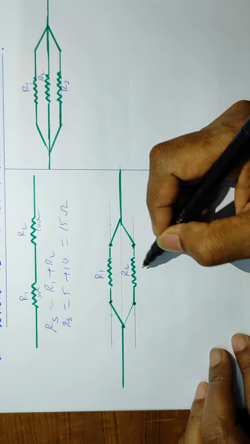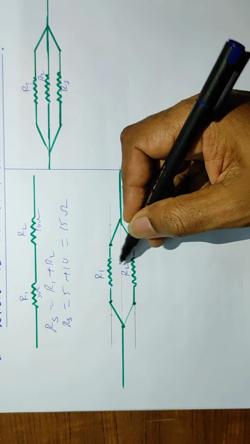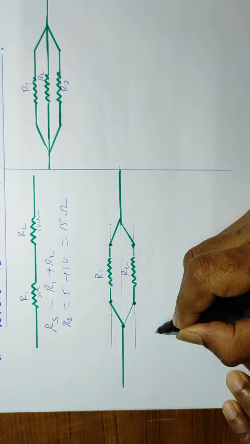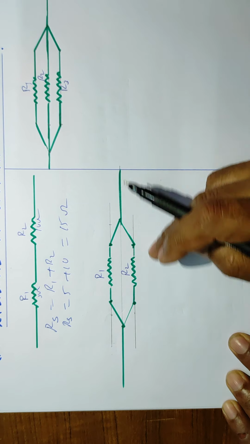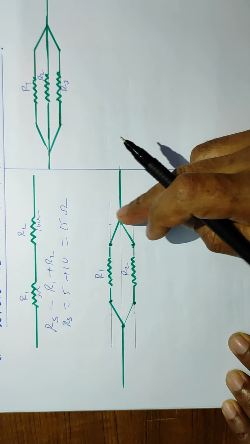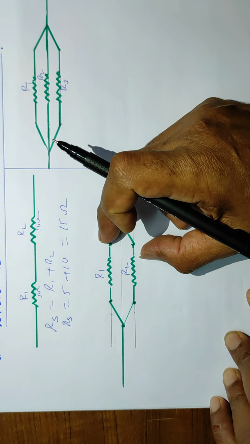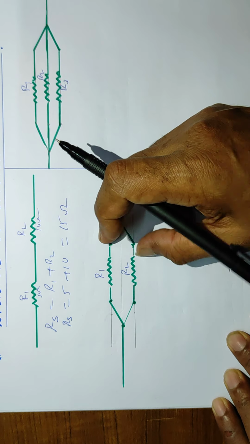Here the resistors of different resistances are connected in parallel. So how to calculate this? Dear students, once again recall what would be the equivalent resistance of the system of resistors when they are connected in parallel.